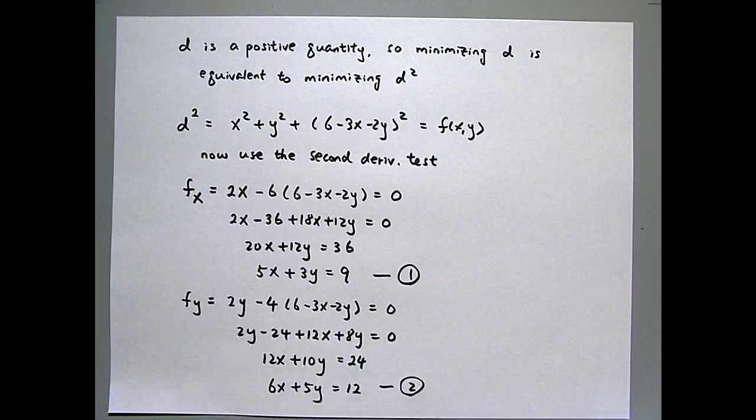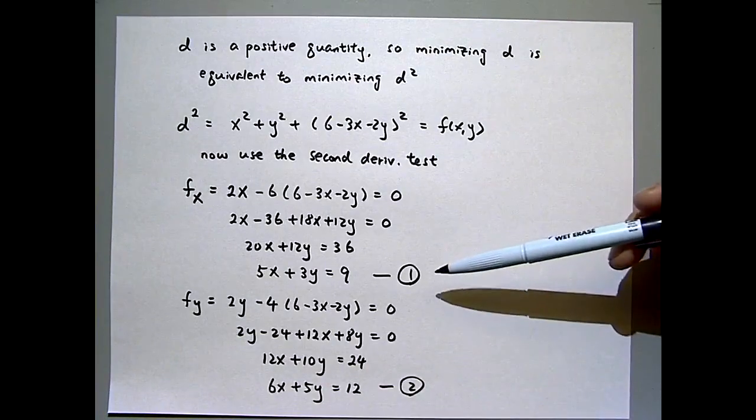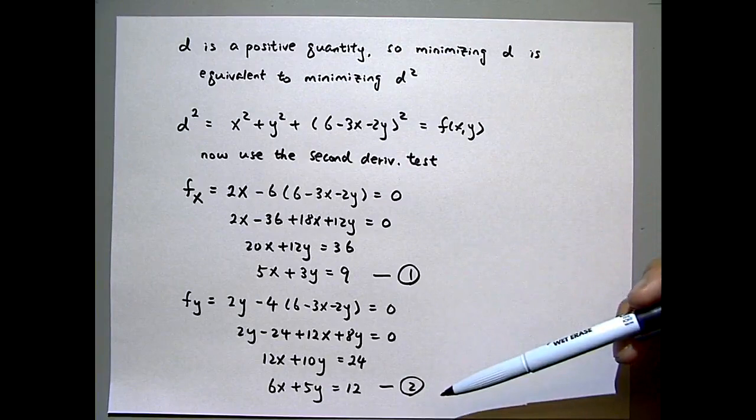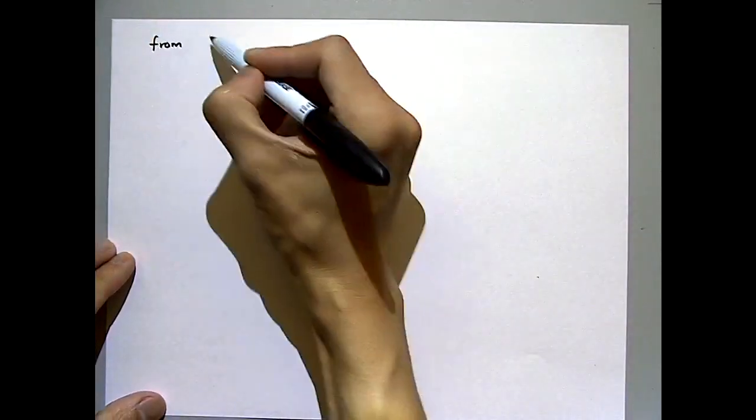Okay, so as usual, you get your system of two equations in two unknowns. You have to find x and y that will satisfy both equation 1 and equation 2. And it's typically not hard. It's just potentially a little messy. Okay, let's do the simplest thing we can do. Let's solve equation 1 for one variable and substitute into the second one. From equation 1, for example, we can solve for, I don't know, y.